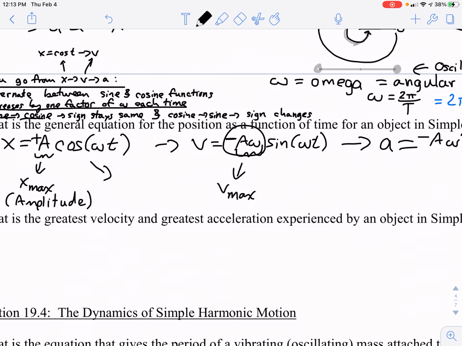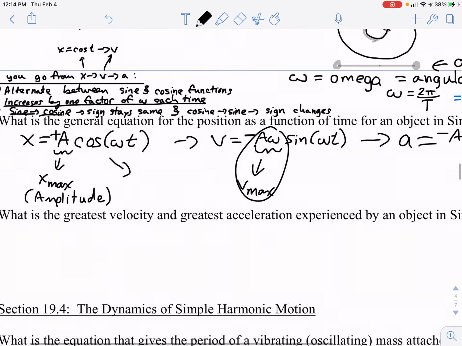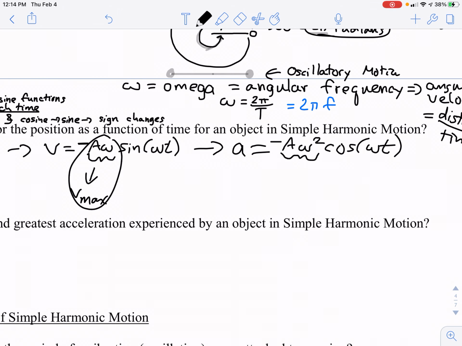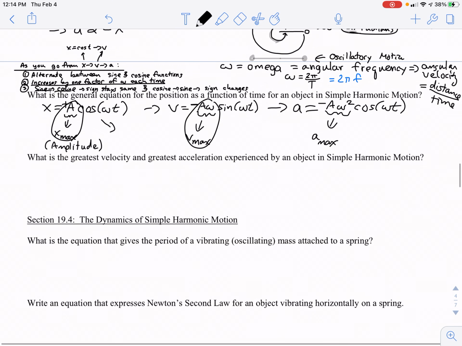Anything out in front of a sine or a cosine function is the amplitude of the wave, the amplitude of the graph, how high the graph goes. That makes this term v max. A is x max, and it makes this term A omega squared a max, or maximum acceleration. So let's summarize this below.